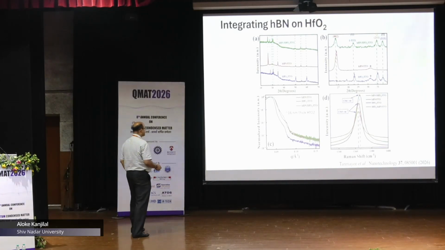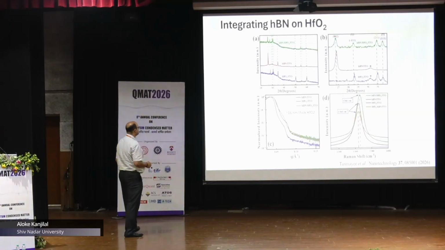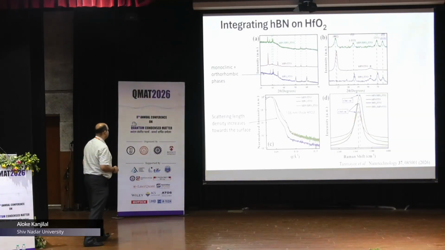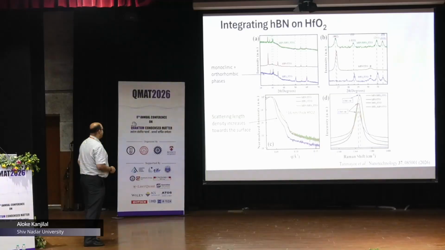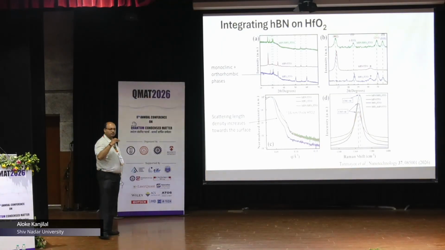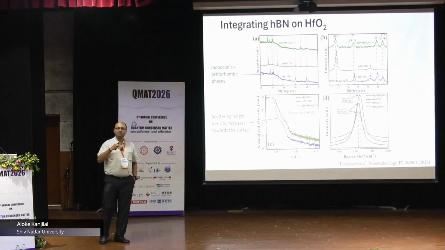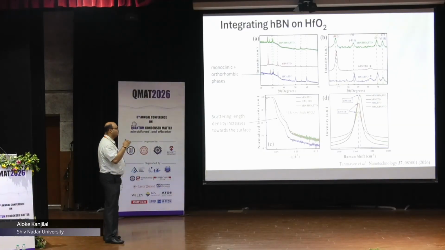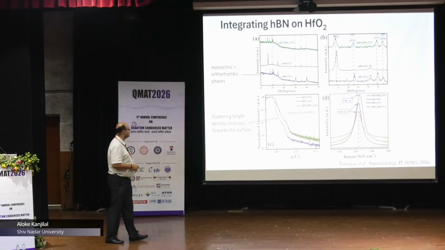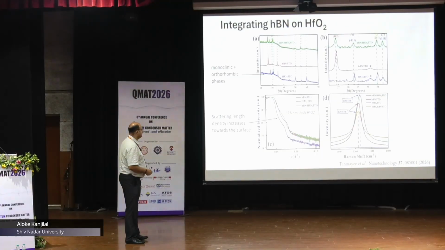Then we performed the XRR, and when we fit the data, the approximate thickness comes to about 16 nanometer of hafnium oxide, and the scattering length density increases towards the surface. That SLD increase signifies that the oxygen vacancy is increasing towards the surface.